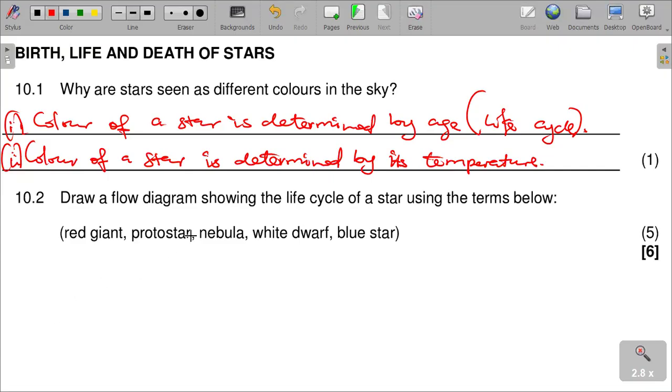Draw a flow diagram showing the life cycle of a star using the terms below. So we can say 10.2. I can just write them quickly.